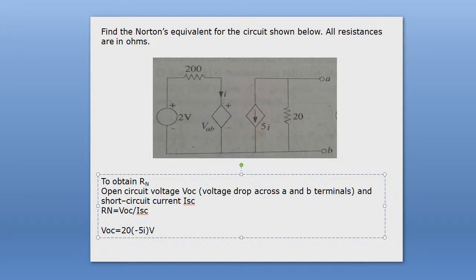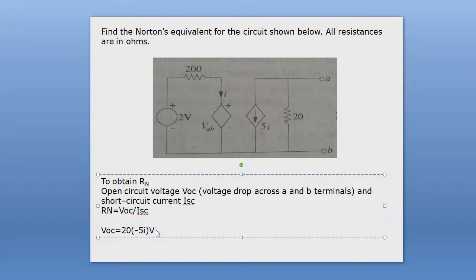Okay, so you see the voltage drop across the AB terminal is nothing but the voltage drop across the 20 ohm resistance. The voltage drop across the 20 ohm resistance is nothing but resistance into current. So what is the current for the resistance? You see, this current is actually going in the opposite direction. Therefore the current through the 20 ohm resistance is equal to minus 5I.